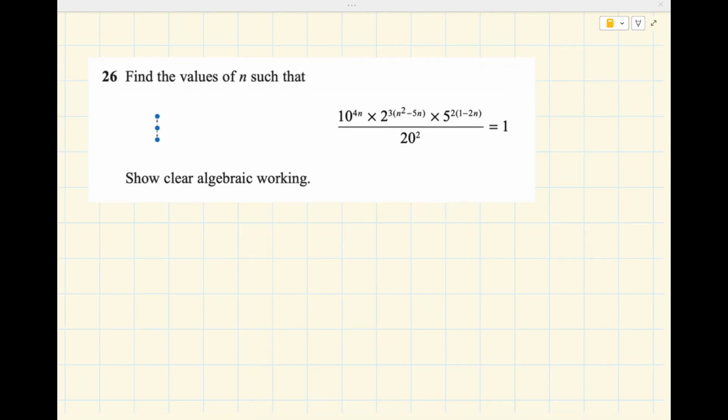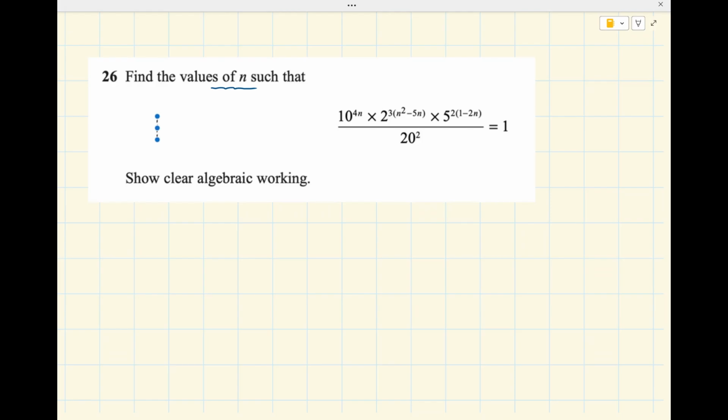So looking at the numerator here, I have got 10 to the power of 4n times 2 to the power of 3 lots of n squared minus 5n times 5 to the power of 2 lots of 1 minus 2n, over 20 squared equals 1. Find the values of n so that equation holds. Let's have a look at that numerator then.